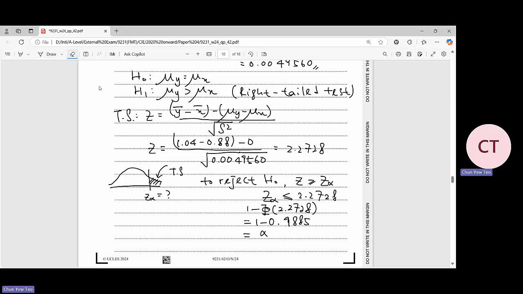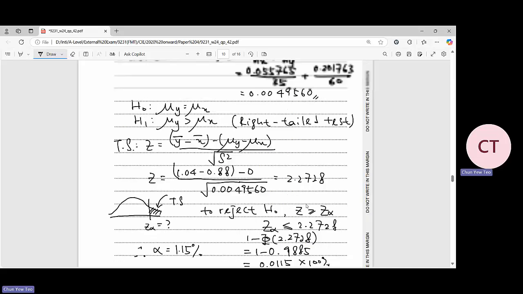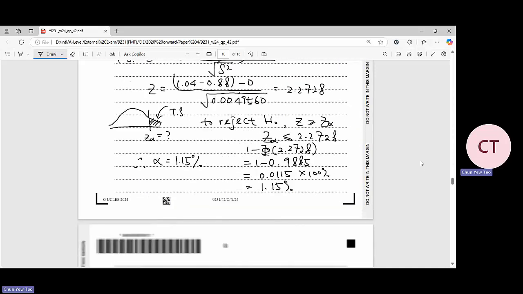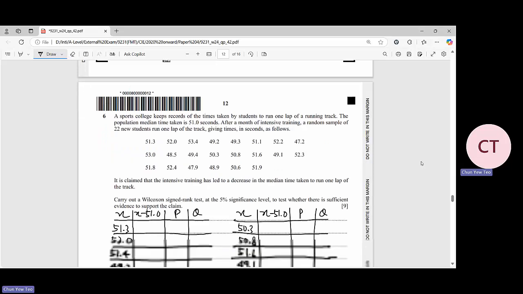This one will be equal to 0.0115. If you make it a percentage, you get 1.15%. Therefore your alpha is actually 1.15%. So this will be the answer for question number 5. Move on. We have question number 6.